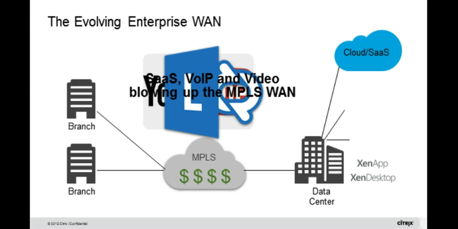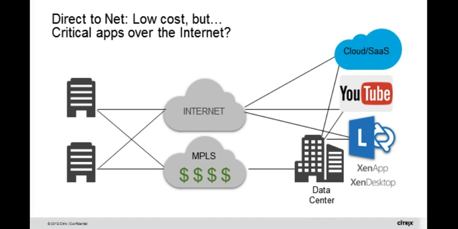And so in addition to the proliferation of applications, the bandwidth associated with each of those applications continues to grow. And of course, this drives up the need for additional MPLS bandwidth, and MPLS bandwidth comes at quite an expense.